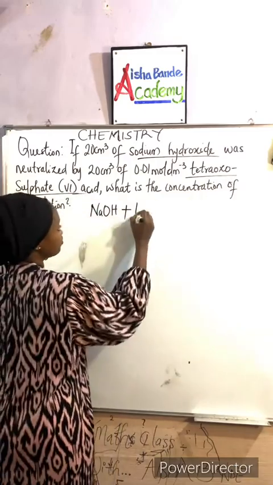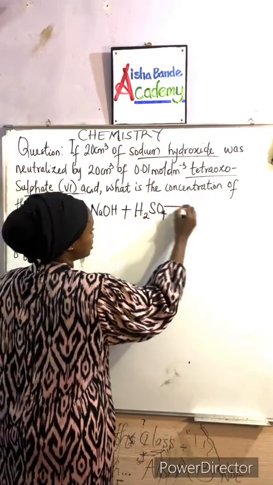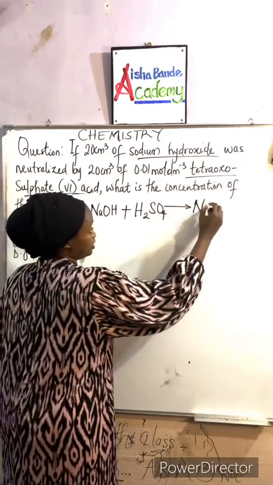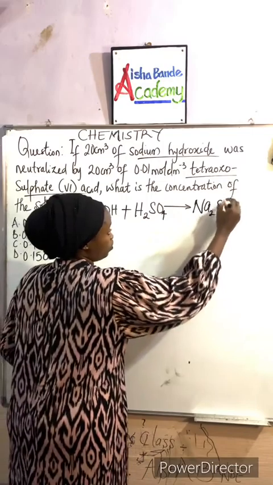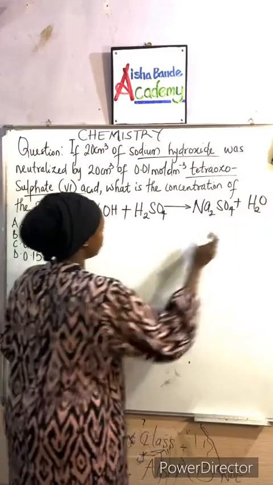So here we have H2SO4, and this will give us the product of Na2SO4 plus water. So let's balance this.